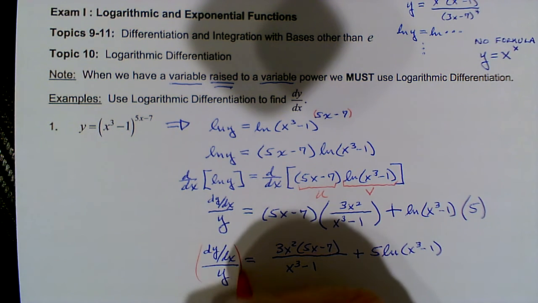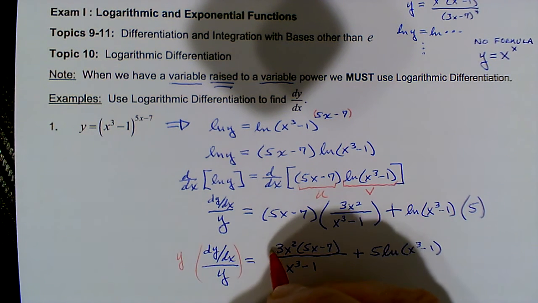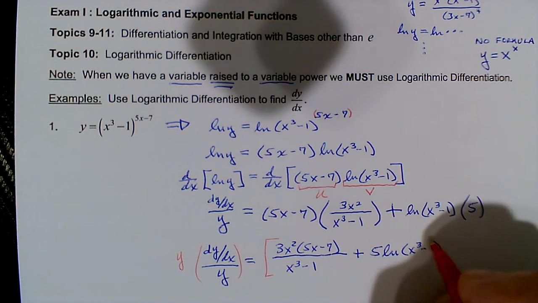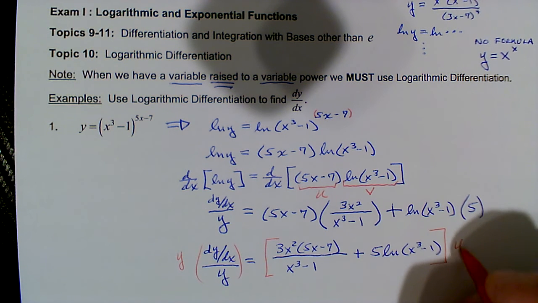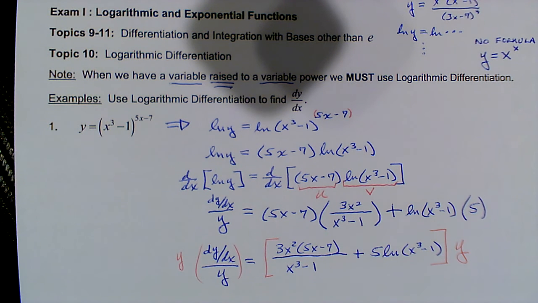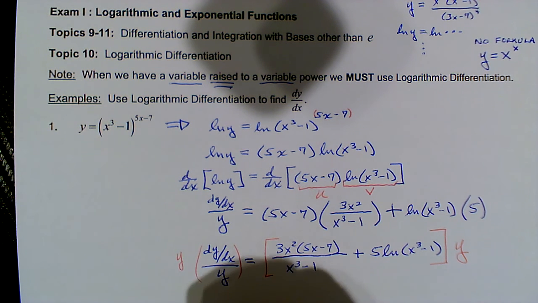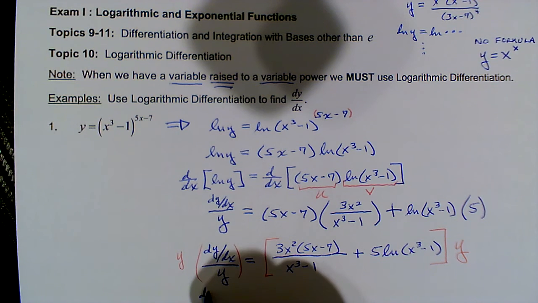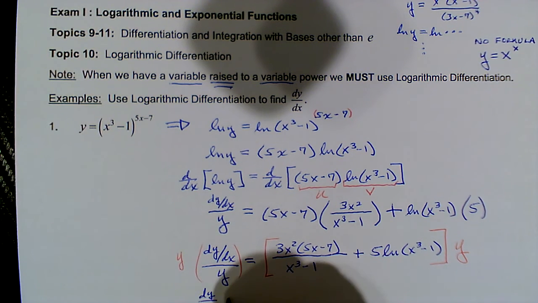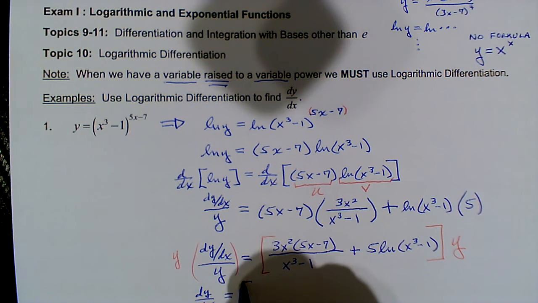If you want to show it explicitly, you can. I'm just going to put big brackets on this side, indicate my y on to the right of that. And it's okay to put the y on the right because it is a factor, and multiplication is commutative. So you don't have to put it in front. You could if you like. And then we get that dy/dx is, okay, just to recopy what's in brackets here.